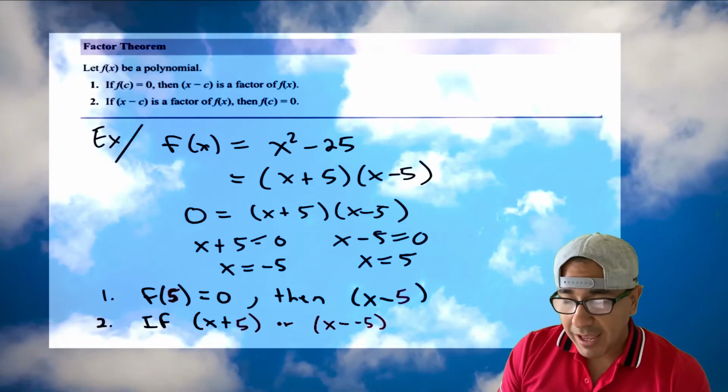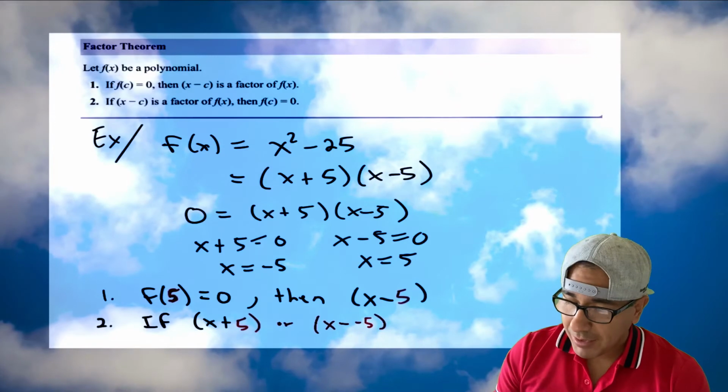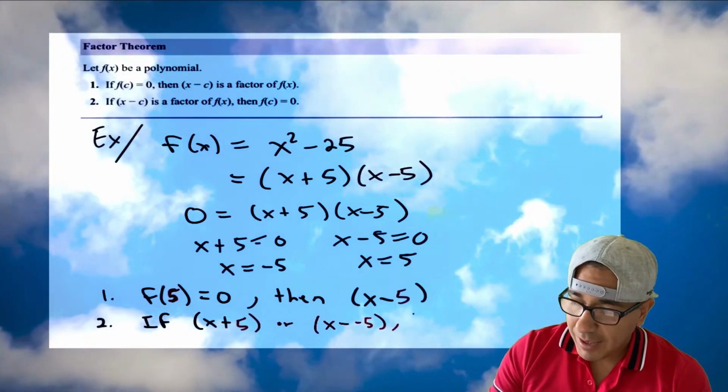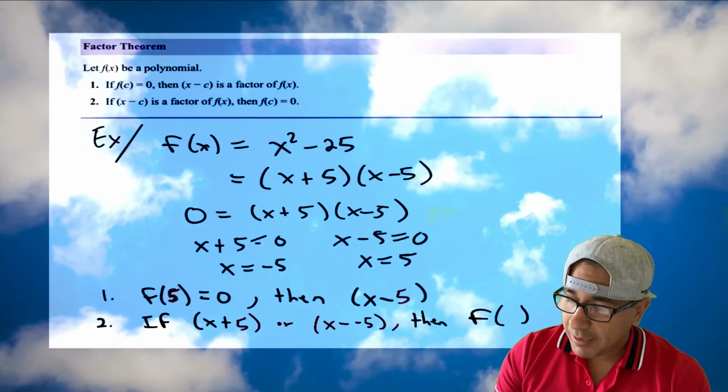If x plus 5 is a factor, this theorem says that f of something equals 0.